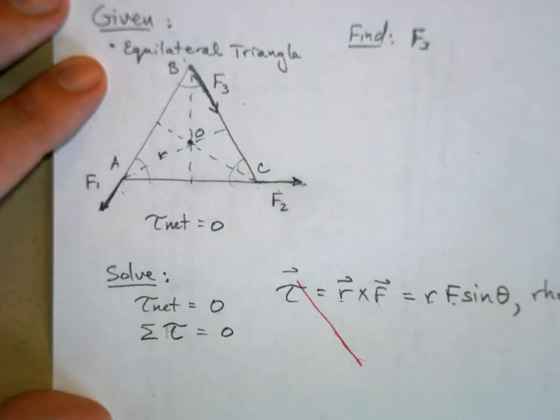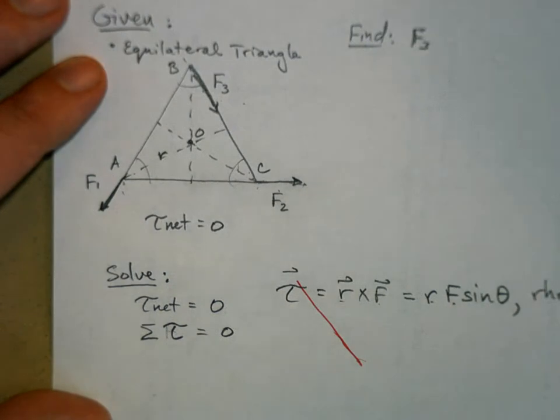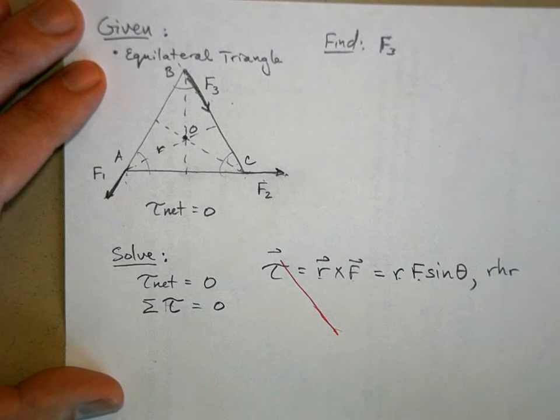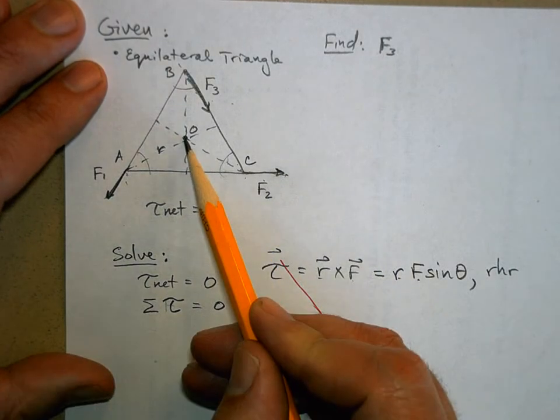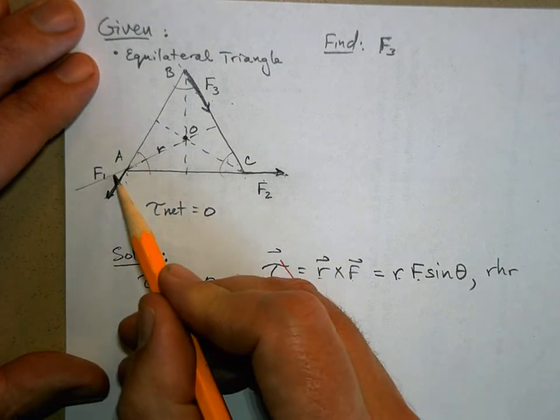Okay, so let's figure out the torque due to F1. Here's R. It goes right here, and the force comes out like this. So what is this angle right here?